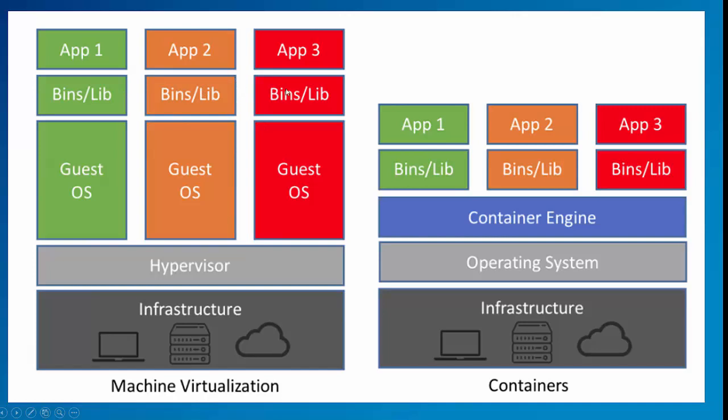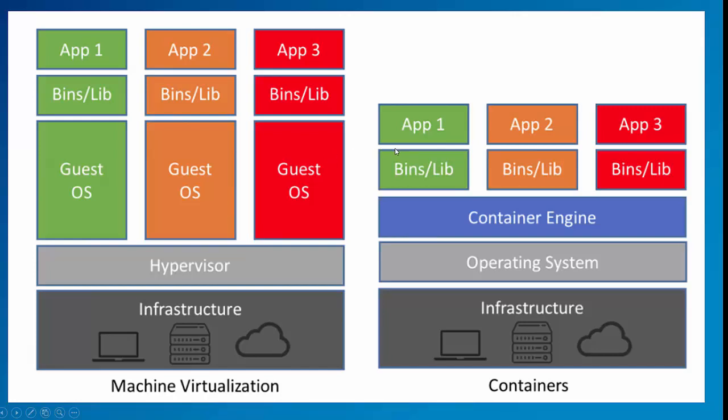Similarly, in the Docker world, you have the infrastructure at the bottom layer, and on top of it you have the operating system. It could be your Windows 10 or your Windows Server, both of which now support Docker natively. Then the container engine, which is your hypervisor kind of layer, gives you isolation between the operating system and your applications.